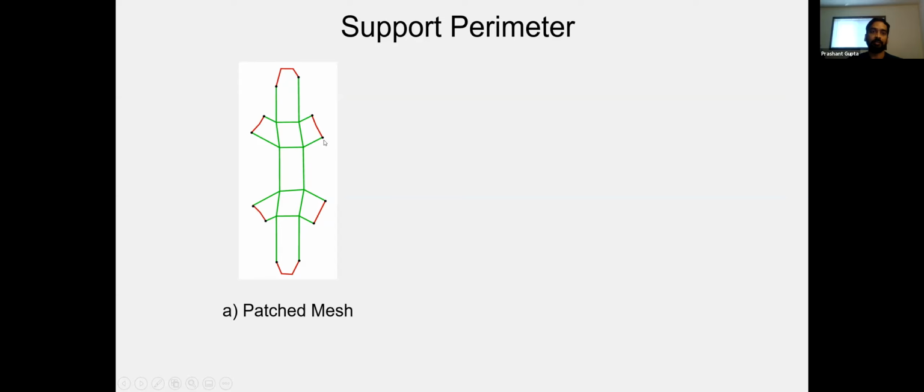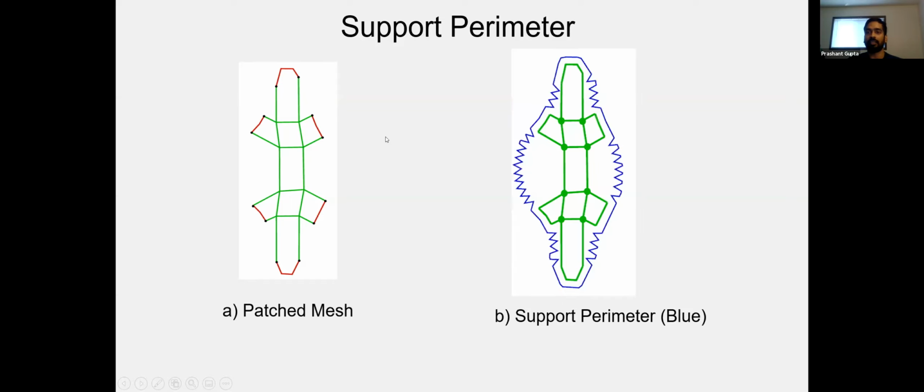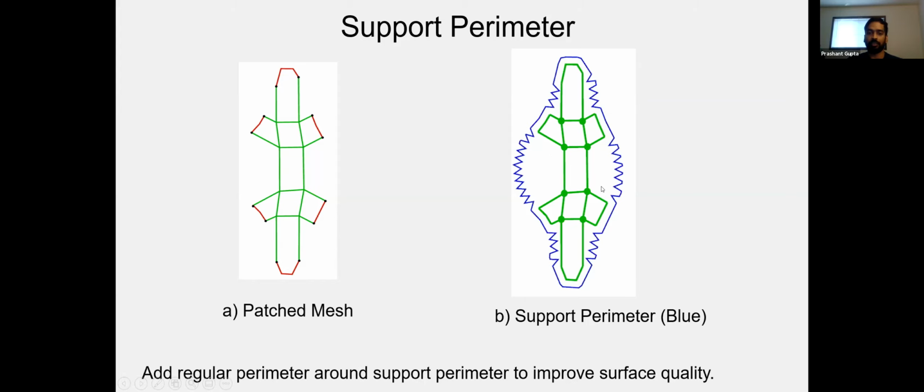For that reason, we decided we need to print these boundary edges. To do that, we added the zigzag parameter around it. But a zigzag parameter can create poor print quality at the surface, so we can add a regular parameter around it for the quality.